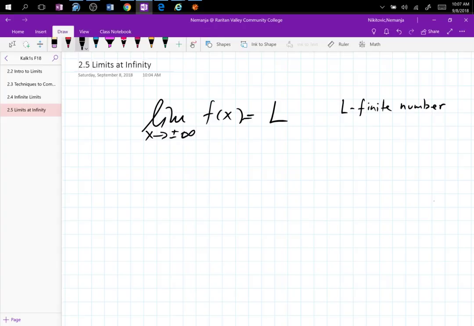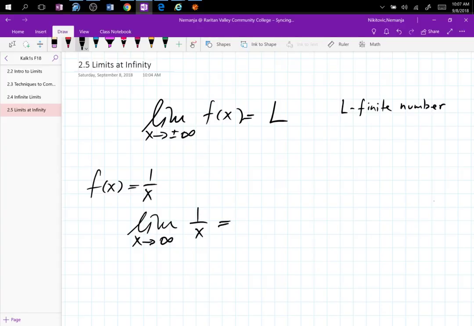Example, good old 1 over x, and we look for the limit as x approaches infinity of 1 over x.